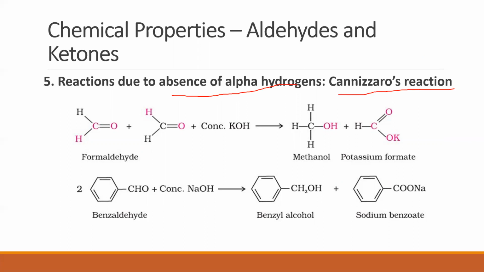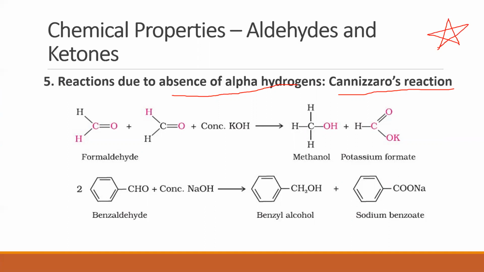When two aldehydes or ketones do not have alpha hydrogens and they react with a base, then they don't give aldol condensation. Instead, they give a reaction called Cannizzaro's reaction. Very, very important. One more. Clear? All name reactions are important.